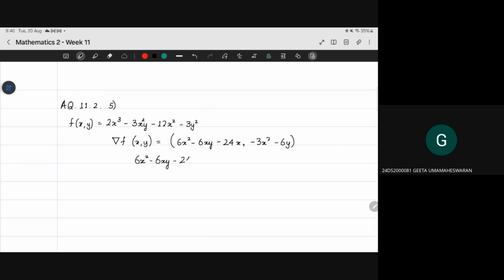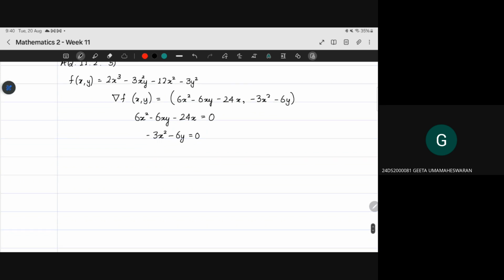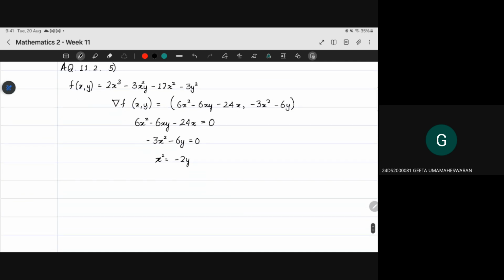Okay. To compute the critical points, we need this to be equal to 0 as well as this to be equal to 0. So we are on the parabola x squared is equal to minus 2y. So this gives me that.